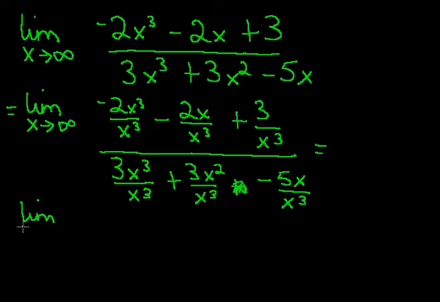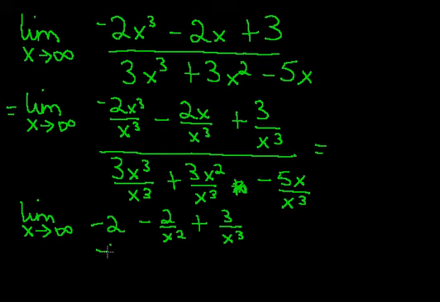This all simplifies to the limit as x tends to infinity of negative 2x cubed over x cubed, which is negative 2. Minus 2x over x cubed is minus 2 over x squared. Plus 3 over x cubed, you can't simplify that anymore.